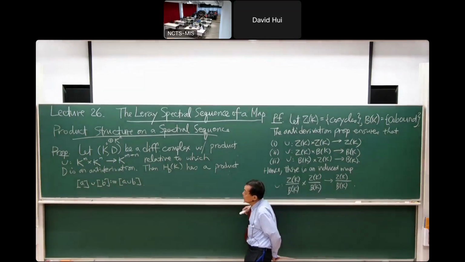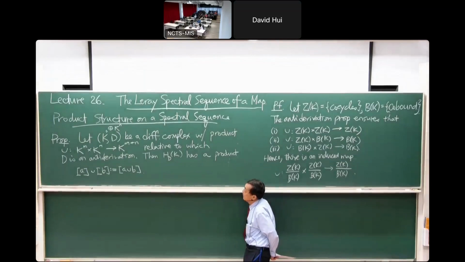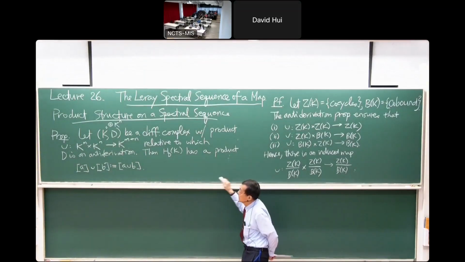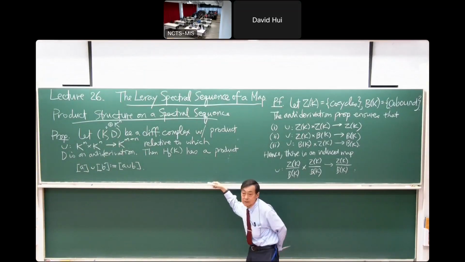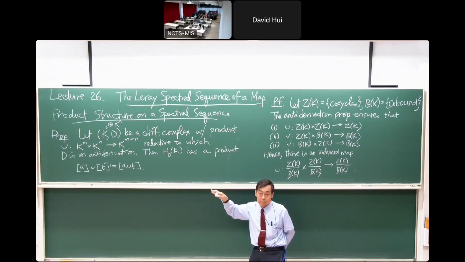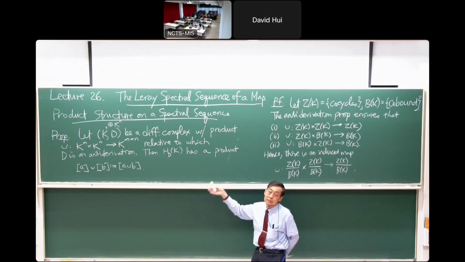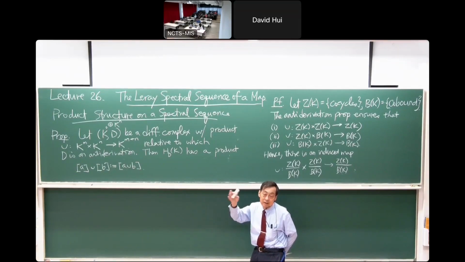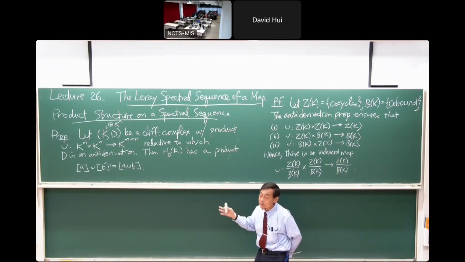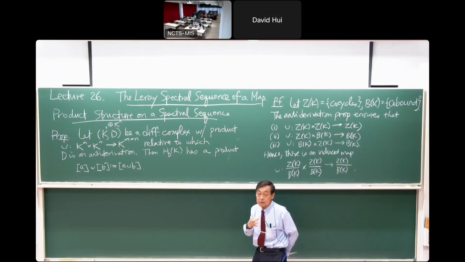Now, in the spectral sequence of, say, the Čech-de Rham complex, you start with a double complex that has a product, and then you take the cohomology with respect to the first differential, a little d, that's an antiderivation. So that means the first page has a product, okay?